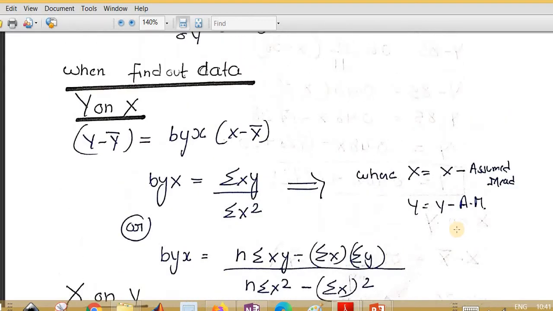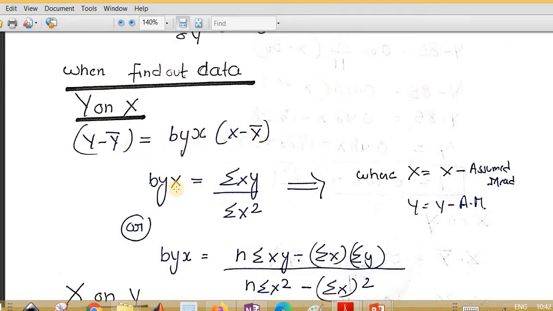So when we have to find out the data, we will use this formula. Learn how to find the values for y on x: the formula is y minus y bar equals byx times x minus x bar.